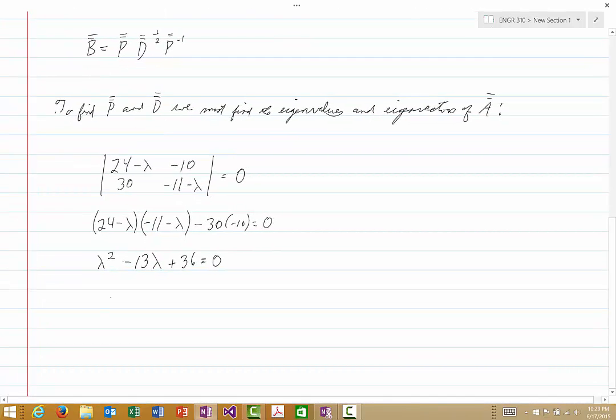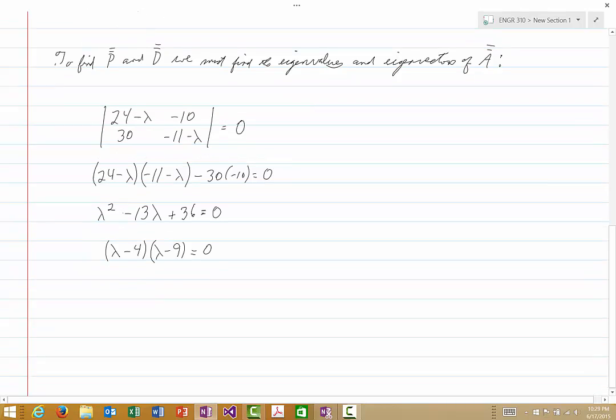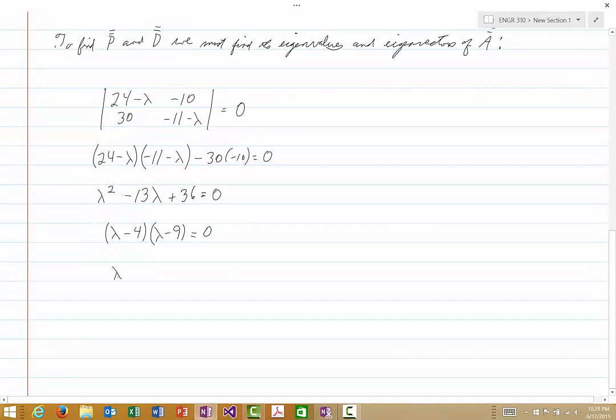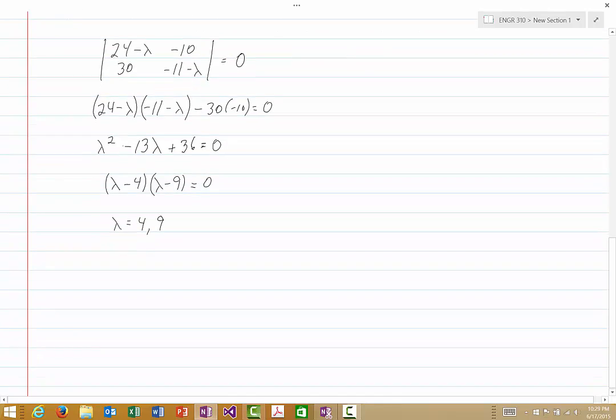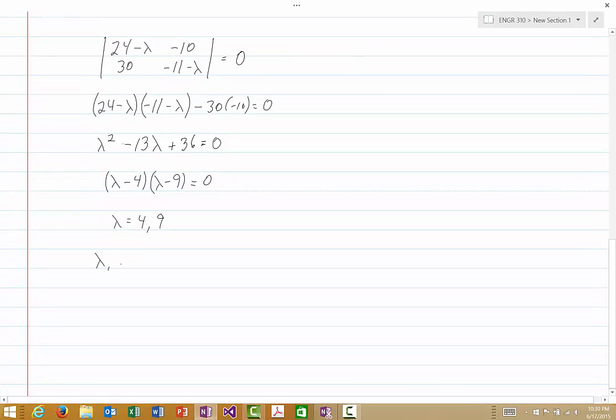And this can be factored into lambda minus 4 times lambda minus 9 is equal to 0. And therefore, our two eigenvalues are lambda equals 4 and 9. I will call 4 lambda 1, and 9 lambda 2.